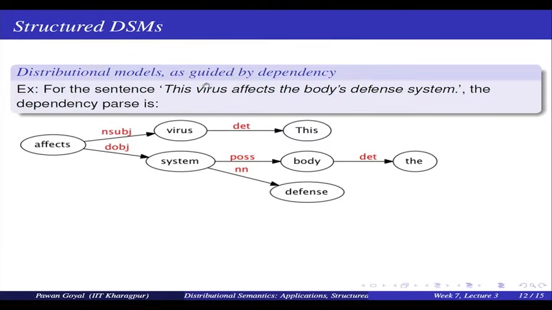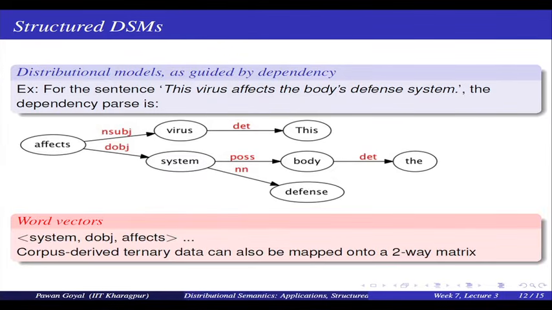Let us say I have a sentence, the virus affects the body's defense system, and I get this dependency path. Now from the dependency path I can extract various triplets like system, direct object, affects; body, possessive, system. These are the various tuples I can extract from my dependency graph.